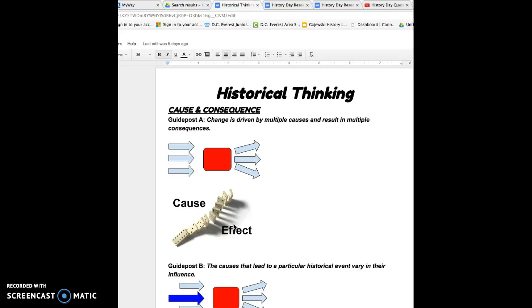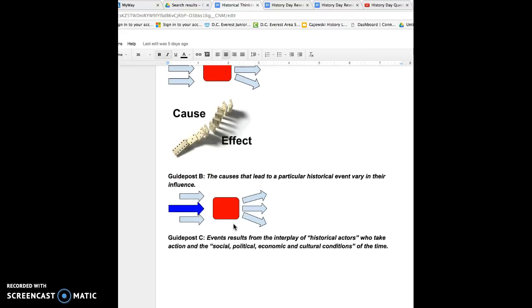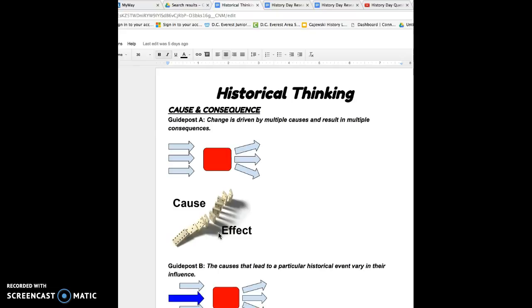So if we look at the first one, cause and effect, or cause and consequence, we'll notice there's three guideposts, we call them, and the guideposts aren't rules, they're just things that we really need to look at.